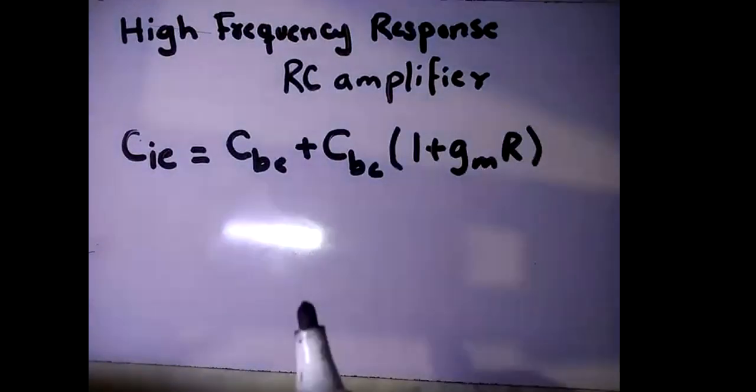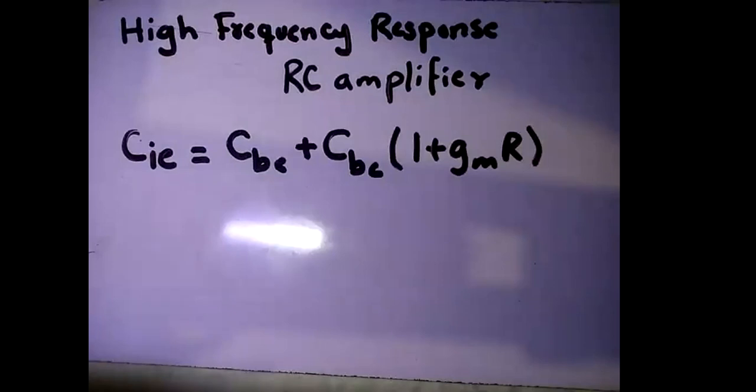The high frequency response means, as we are using an input signal which is an AC type signal, there are a range of frequencies: low frequency range, mid frequency range, and high frequency range. The amplifier which we are using, the common emitter amplifier, is a resistor and capacitor coupled amplifier.